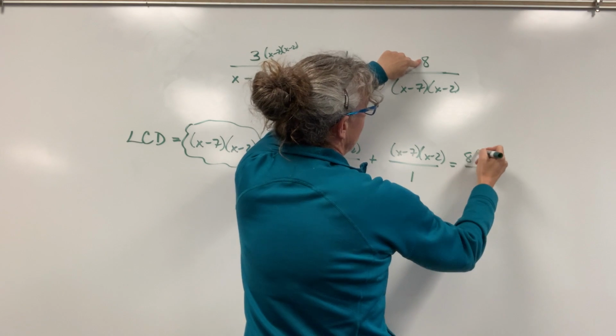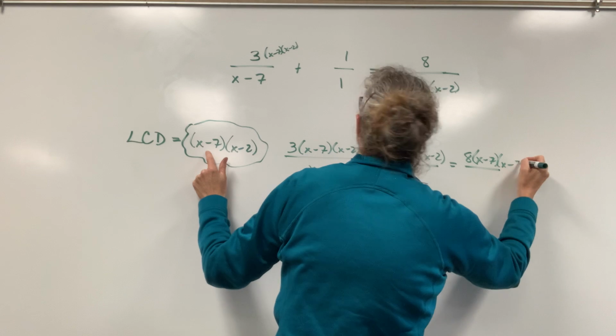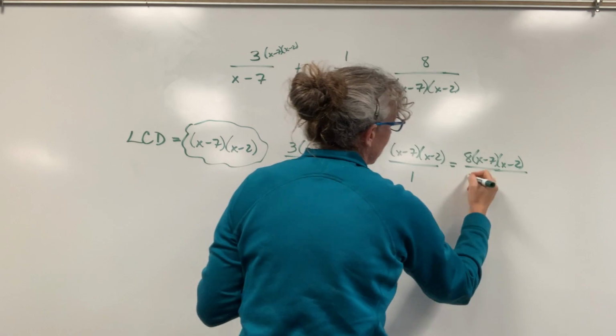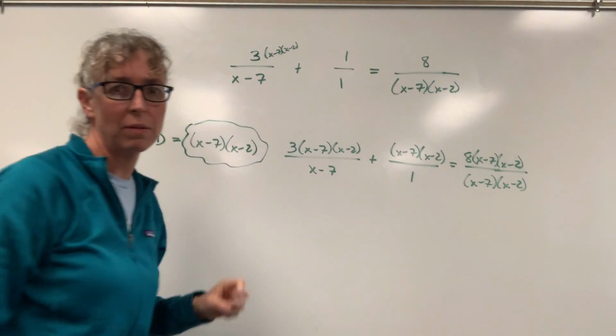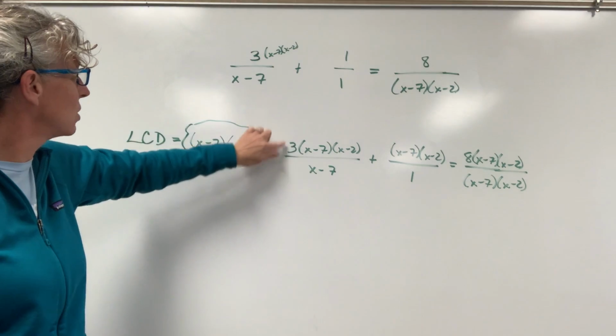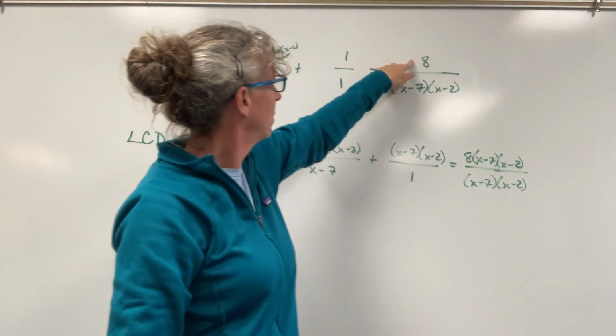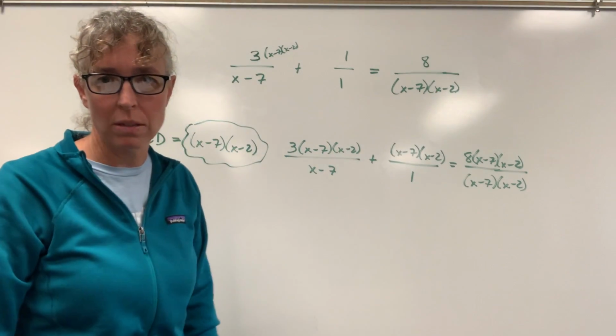The top times the least common denominator and put it over what's there already. So let me review. I took the least common denominator and I multiplied it by each number on the top, but I left the bottom exactly the way it was.